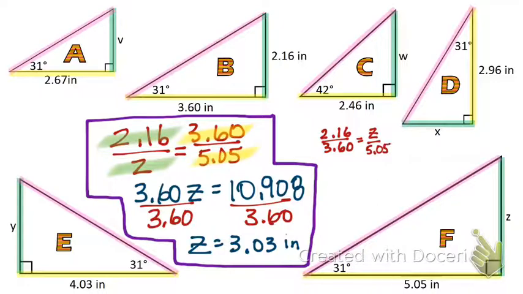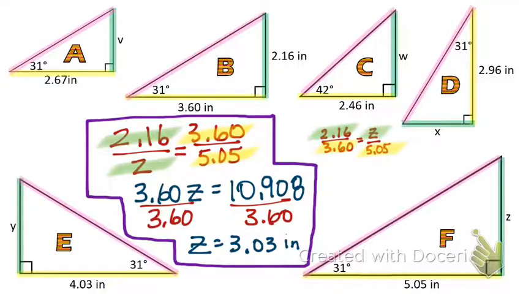5.05. So the way that I've done the problem this time is I took the green side of the small triangle over the yellow side of the small triangle, and the green side of the large triangle over the yellow side of the large triangle.